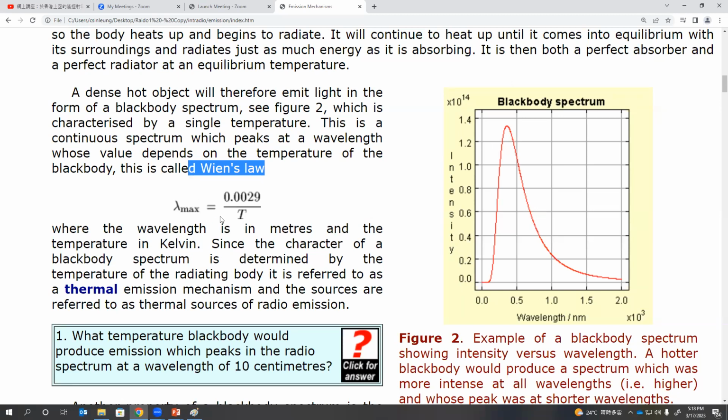If you look at this law, T moves to the left-hand side, then lambda times T equals 0.0029. Pay attention: T is in Kelvin, and lambda is in meters. Such a representation of this blackbody spectrum, we can regard as thermal radiation, thermal emission radiation.